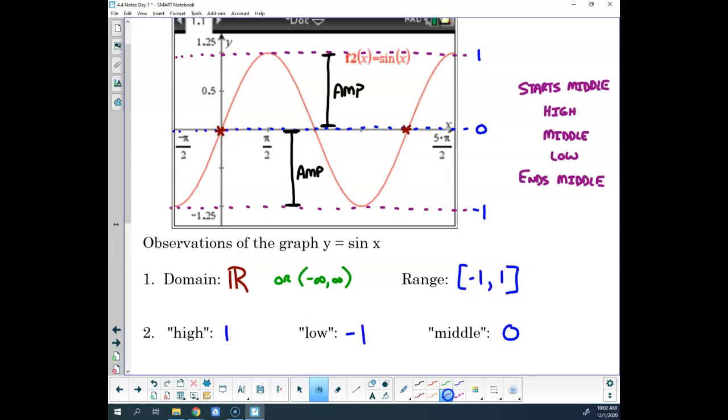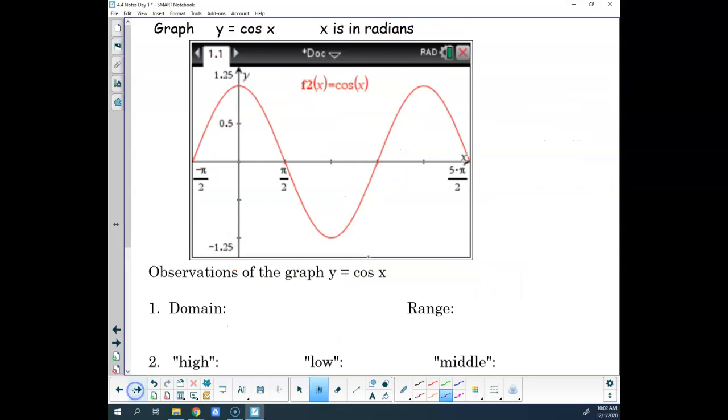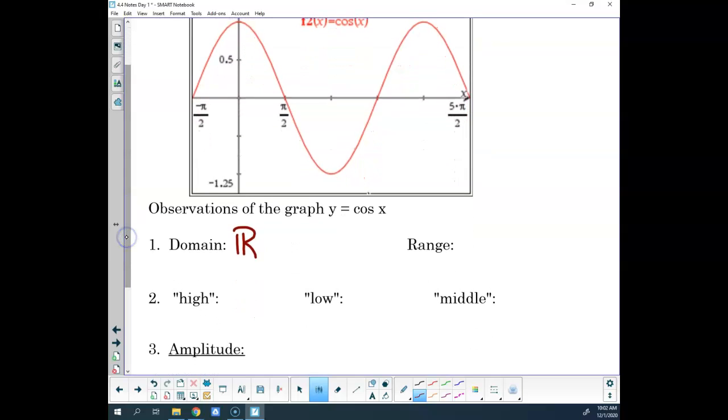The cosine observations are very much the same. So the domain of our cosine graph is also all real numbers. The range of our cosine graph is from -1 to +1.